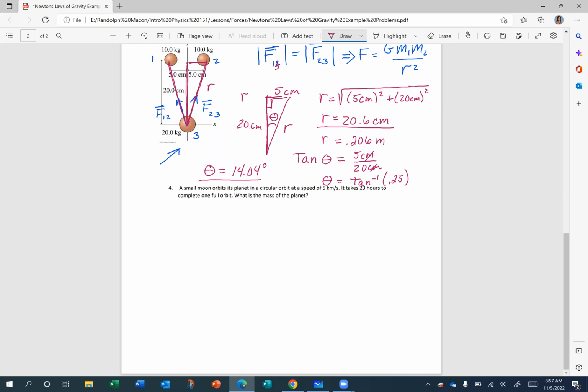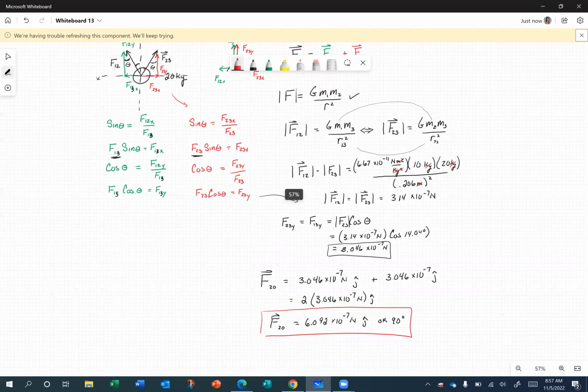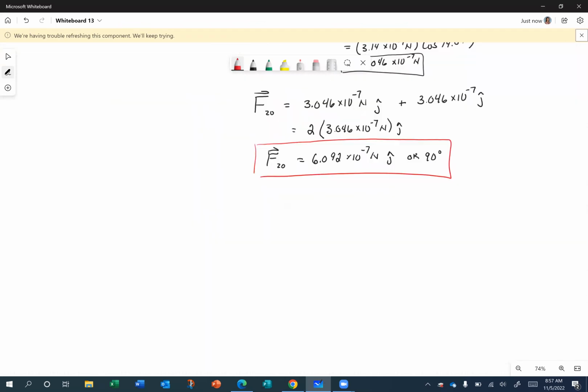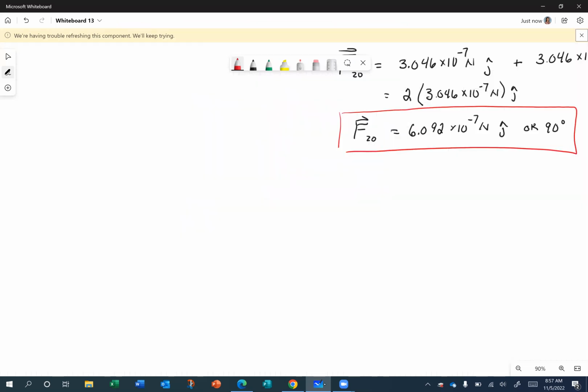So as we take a look at that, drawing a quick picture, right? I'm going back to our good problem-solving skills. Looking at number 4, quick picture.